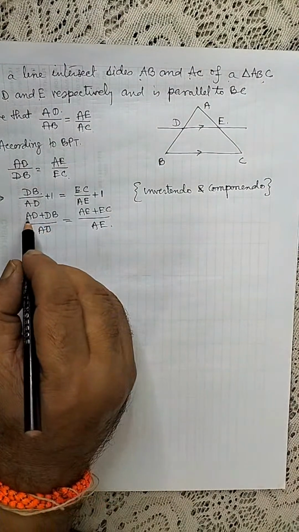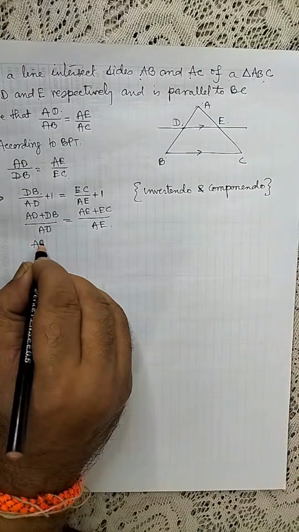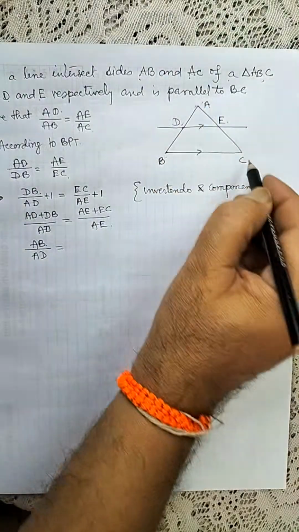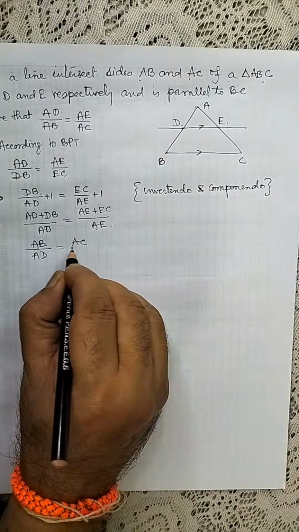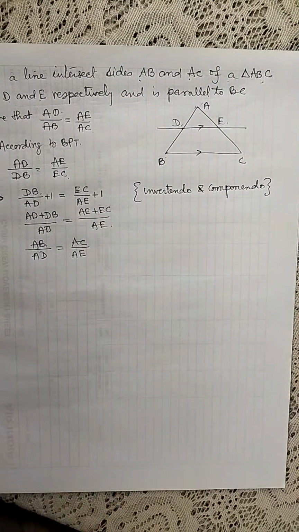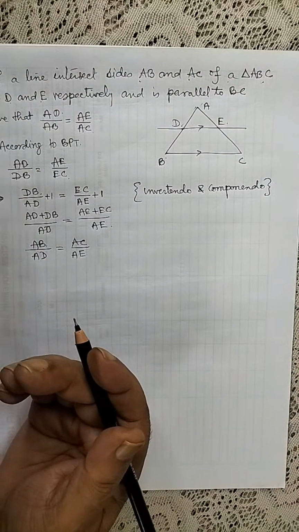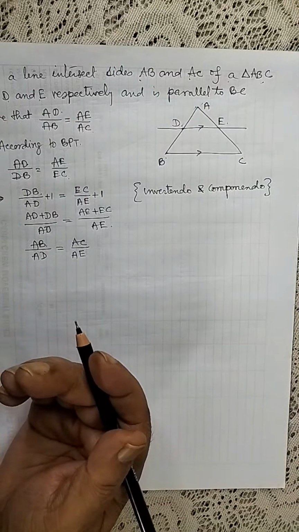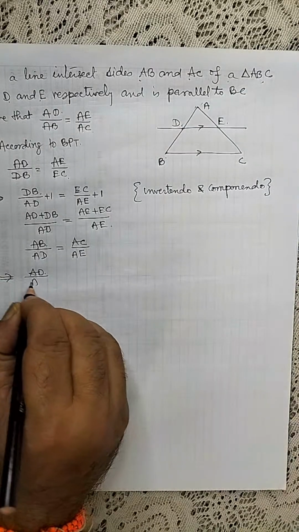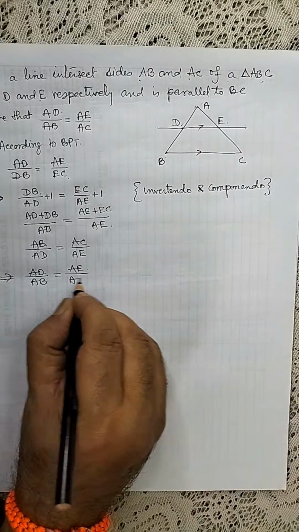Now you can see clearly AD plus DB is nothing but AB. It is AB by AD, and this is AC by AE. Fine. Now we have almost arrived at the conclusion, but we need one step of invertendo. Let us invert. This implies that AD by AB is going to be the same as AE by AC.